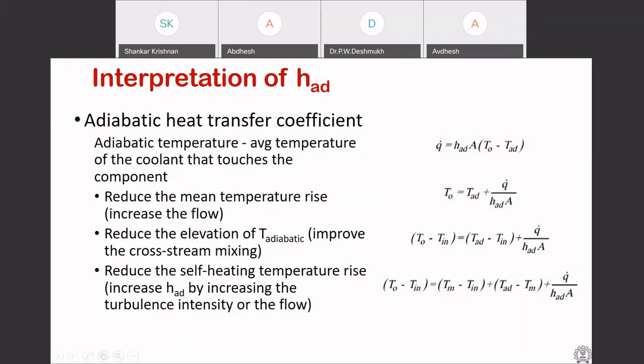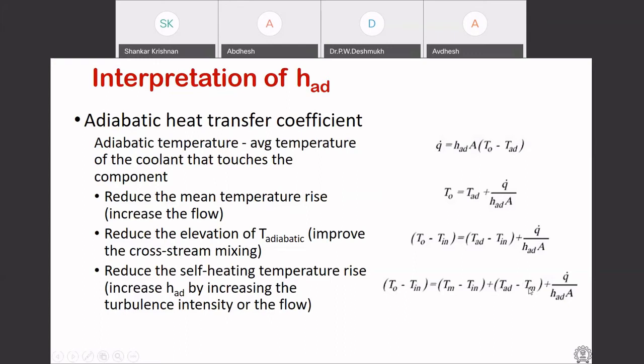If the difference, that is the mean temperature minus inlet temperature, is higher, that means I have to increase the flow. That is the overall increase in temperature on the air side. If I want to reduce that mean outlet temperature, then I have to increase the flow. On the other hand, if the difference between adiabatic temperature and mean temperature is higher, then I have to mix the flow better.